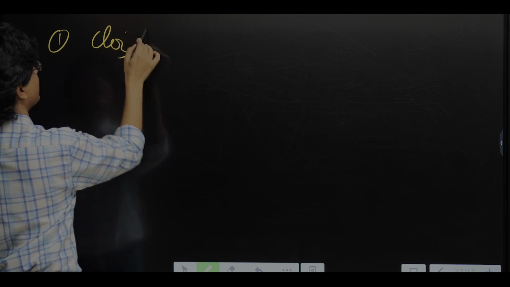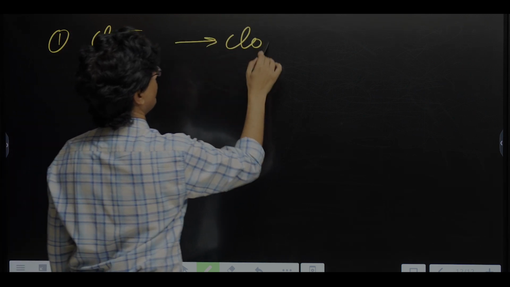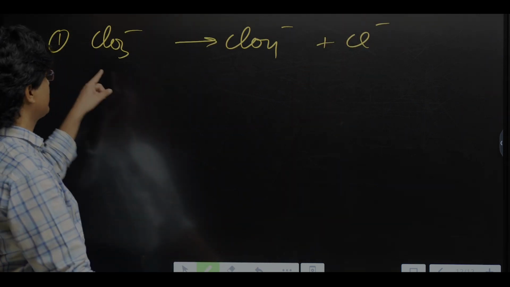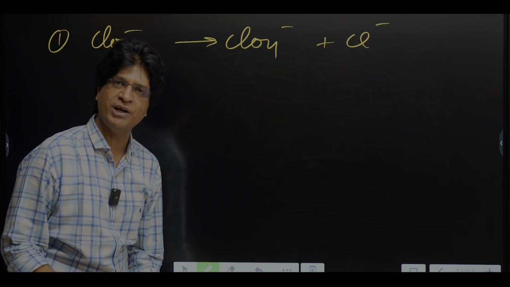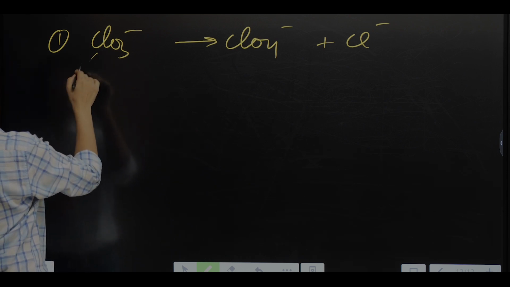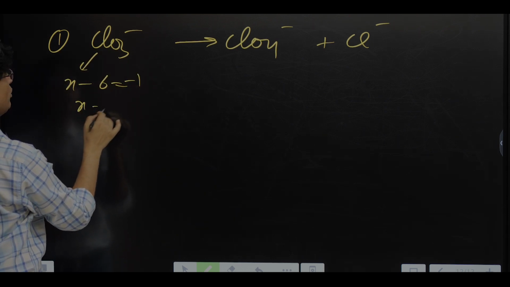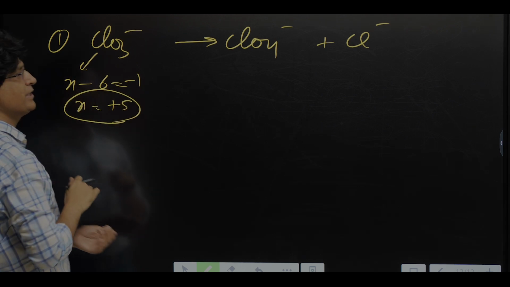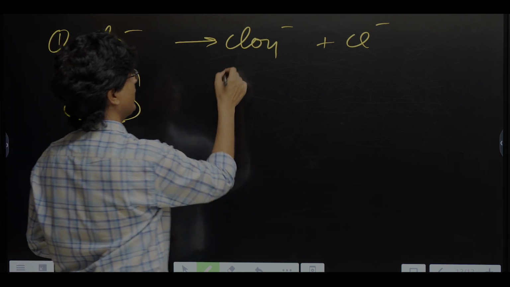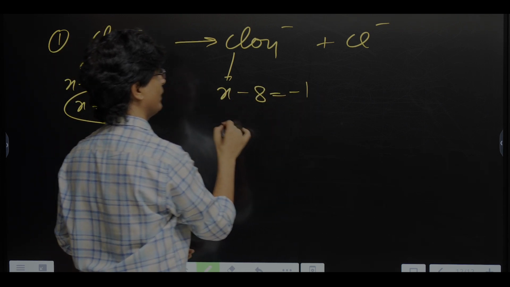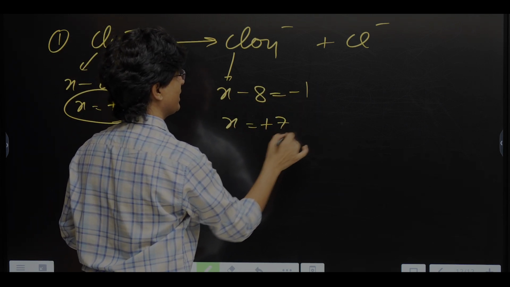The first one: ClO3 minus going to give you ClO4 minus and Cl minus. Do you think this reaction belongs to the category of disproportionation reaction? Let's check it out. Here X minus 6 equal to minus 1, so X equal to plus 5. So chlorine is in the plus 5 oxidation state. Out here, X minus 8 equal to minus 1, so X will be plus 7.